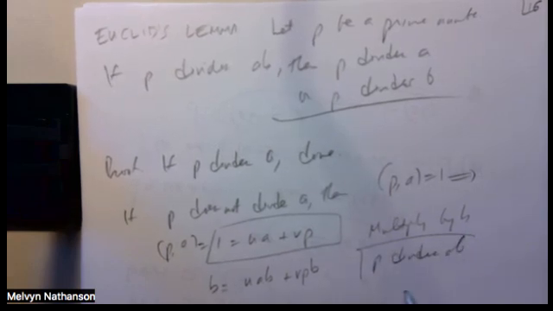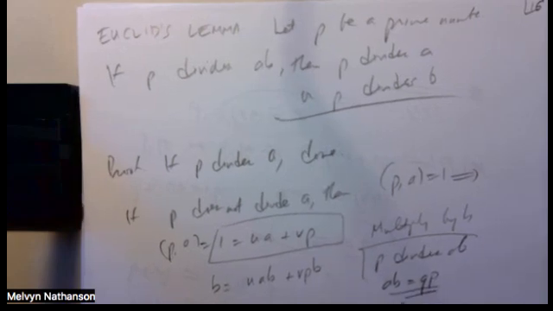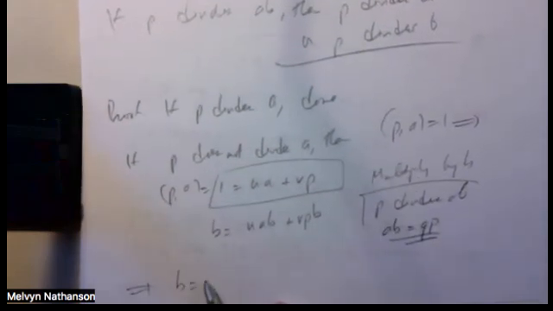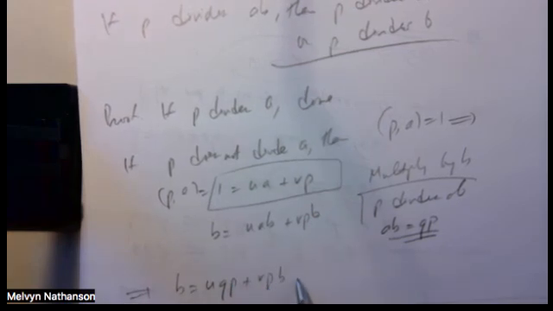P divides AB. So AB is Q times P for some Q. So take this expression and plug it in here. So B is U times AB, that's U times Q times P, plus VPB. Factor P out of the equation.